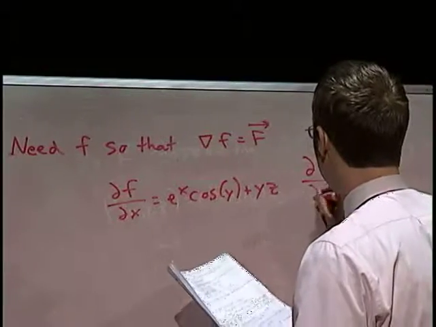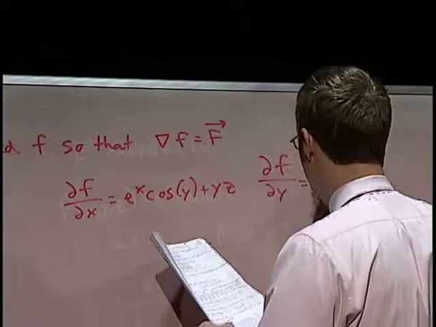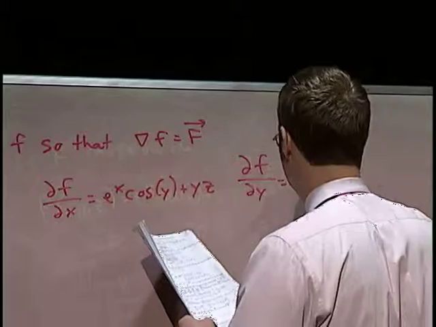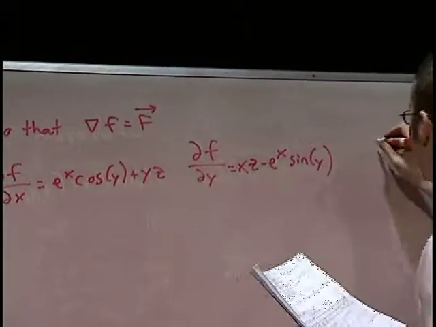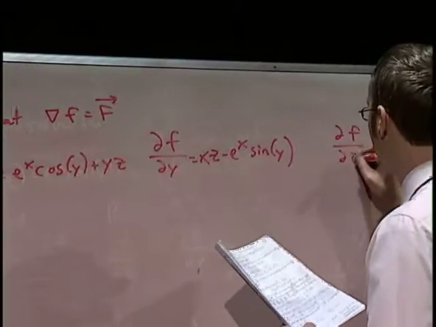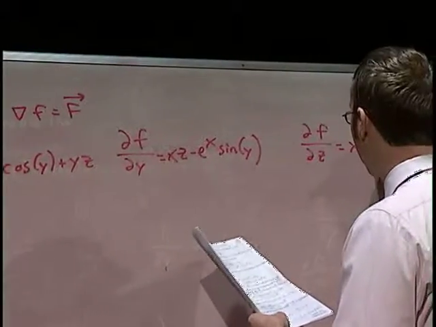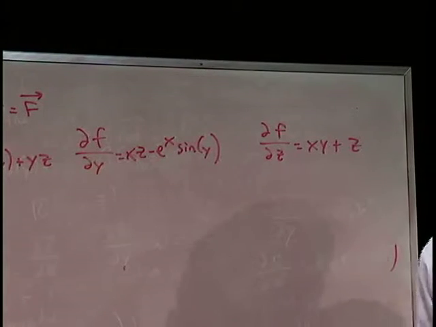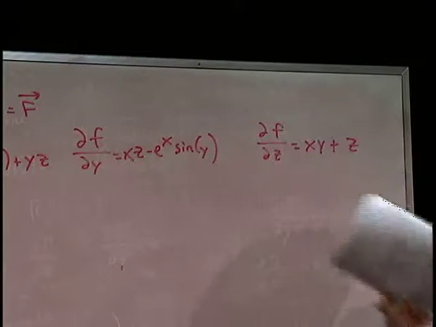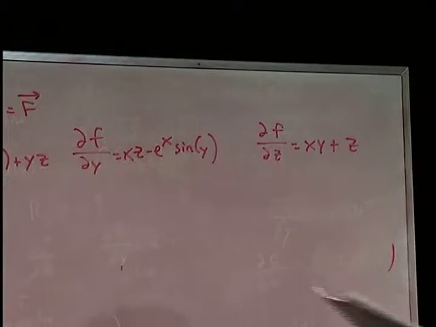Got to have partial f partial y equal to xz minus e to the x sine y. And got to have partial f partial z equal to xy plus z. So all three of these must now be concurrently satisfied. So we have an extra requirement here than we had from the 2D case.